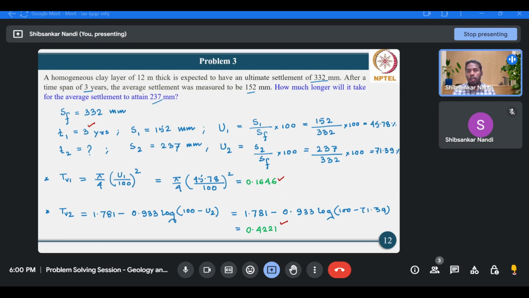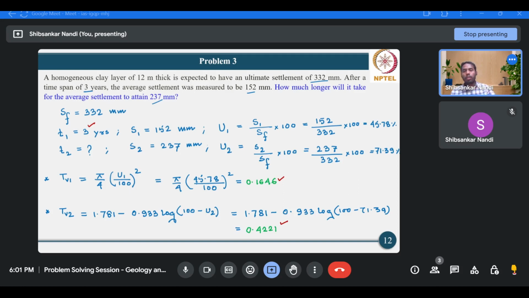Now in 3 years, the average settlement which is measured is found to be 152 millimeter. Now we have to calculate the time required for an average settlement to attain a value of 237 millimeter. To solve this problem, we first calculated the degree of consolidation for both the cases. We then calculated the corresponding time factor.